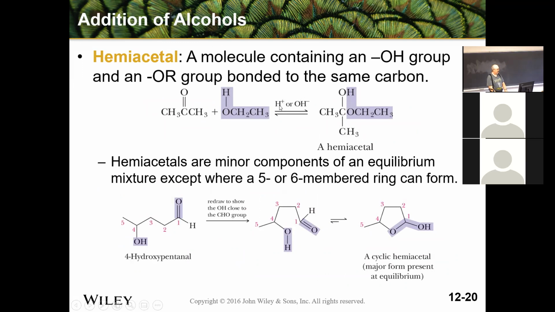Okay, and under acid conditions, what happens here is the carbonyl picks up a proton, the lone pair on the oxygen of the alcohol then attacks the carbonyl, and then water removes that extra proton, removes this proton.